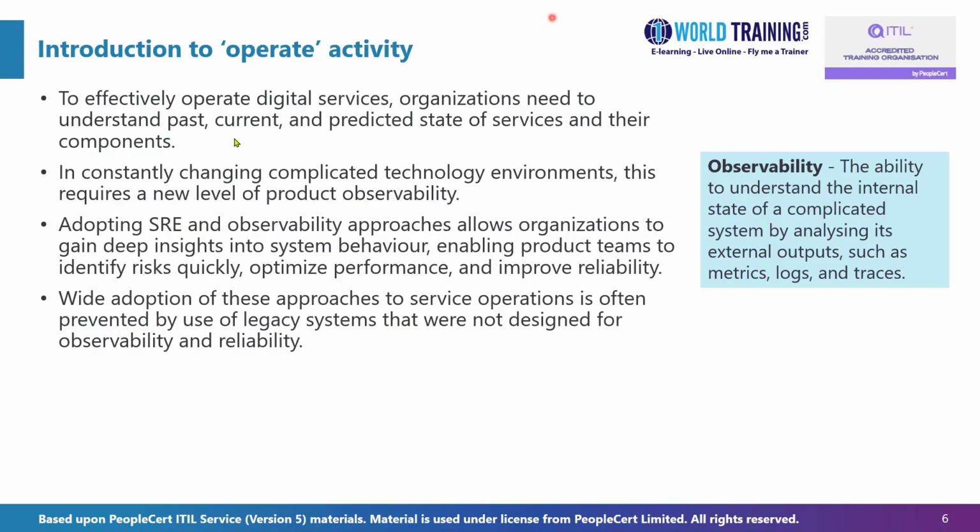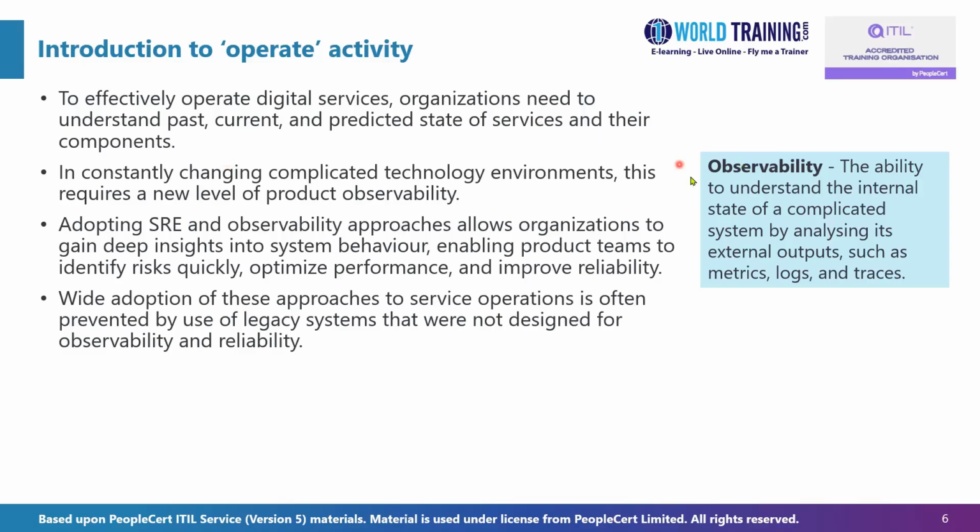So here we have the statement that to operate digital services effectively, organizations need to understand past, current, and predicted state of services and their components. And therefore, this requires a new level of product observability in modern, complicated, complex technology environments. What is observability?